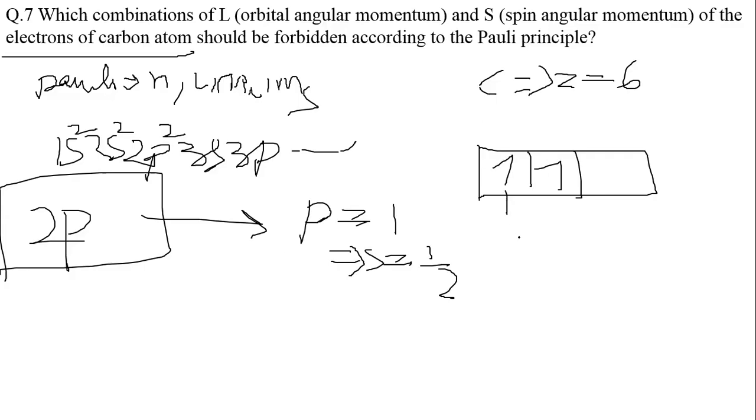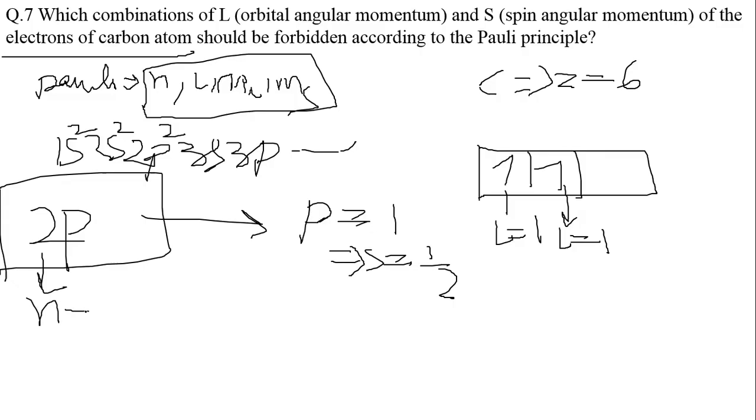So for this electron L equals 1, and for this electron L equals 1, because here we are considering Pauli's exclusion principle, which tells no two electrons in an atom can have all the quantum numbers same. So here n is same for both electrons because it is 2. l is also the same because both the electrons are in the p subshell. So here n and l are equal.